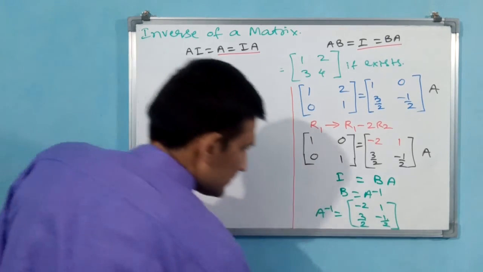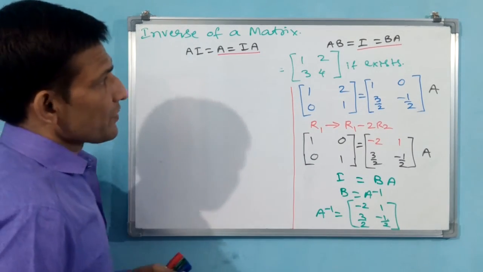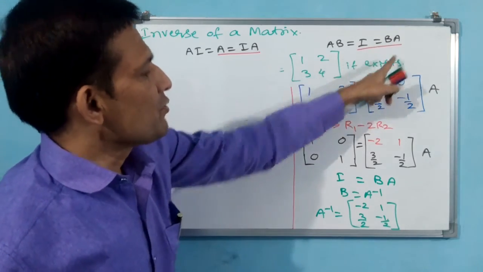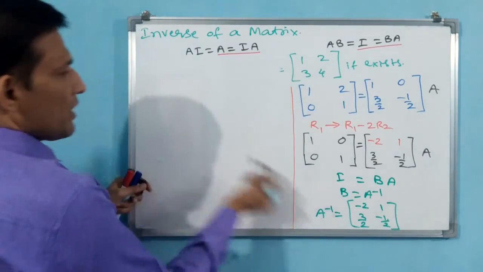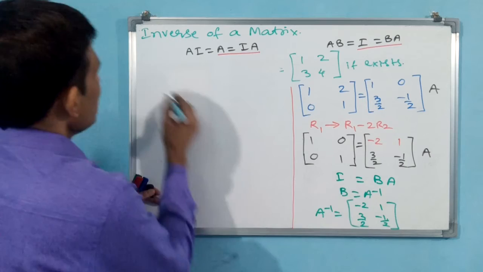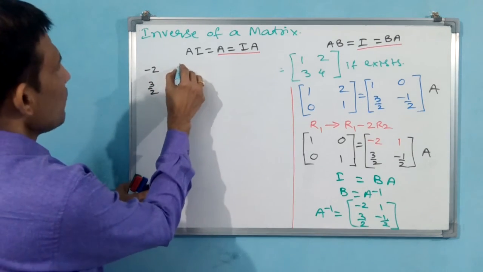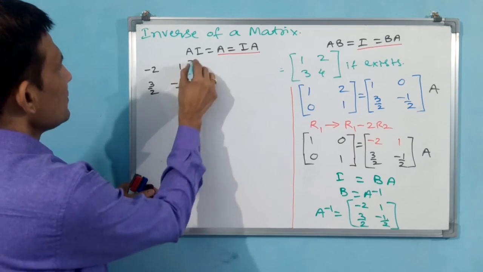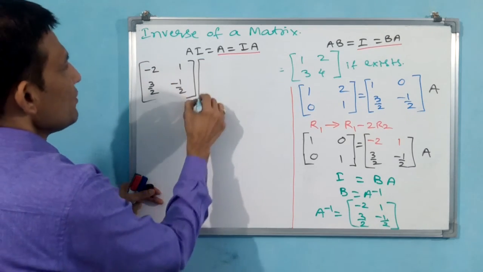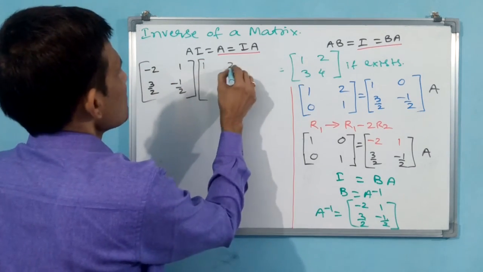I am verifying, you see. BA should come I. B is what? This one. A inverse is B. Write down. Minus 2, 3 by 2, 1, minus 1 by 2, into A. A is 1, 2, 3, 4.